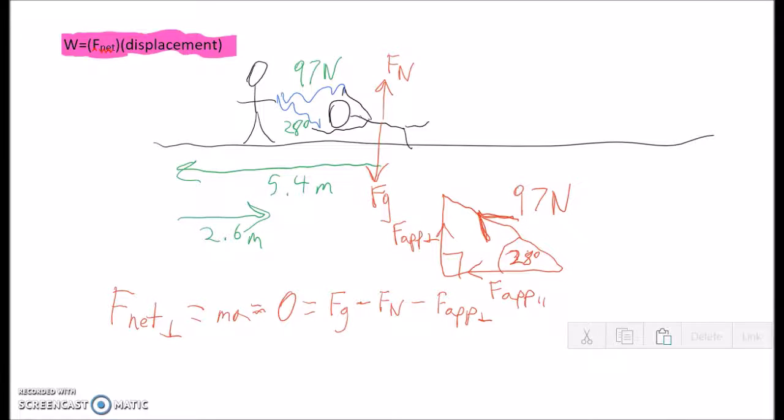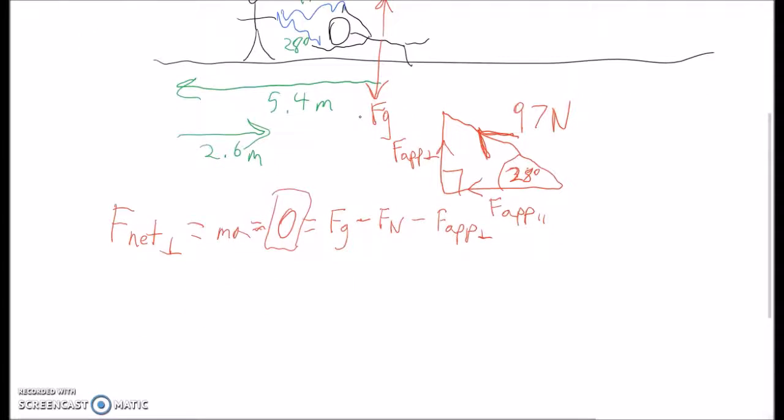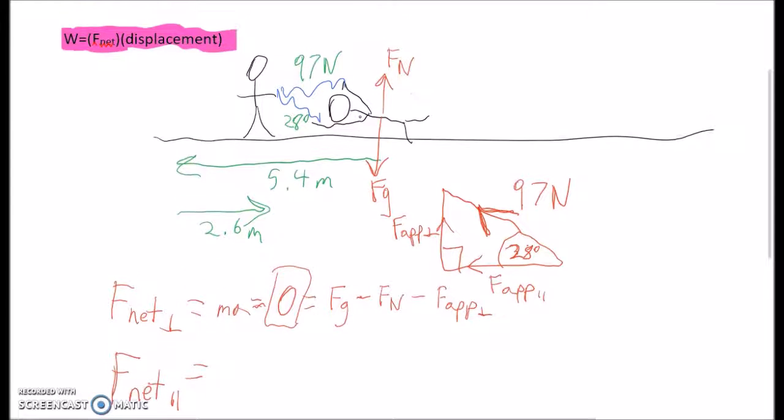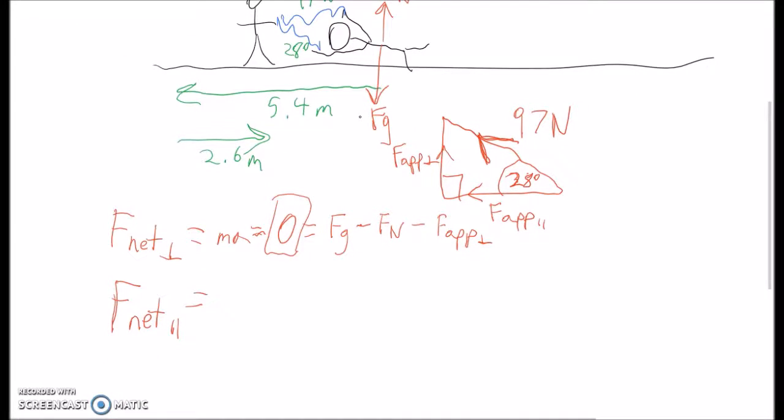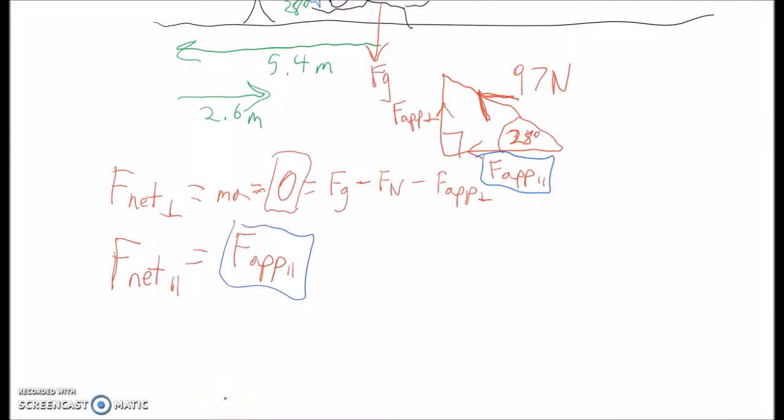But we don't need to look at it anymore, because if this is 0, then we're looking for F net, so that is not going to affect our F net. So let's look at the next equation here, F net parallel. So F net parallel is going to be, the only thing in this whole situation that's going parallel is actually just the F applied parallel. Okay, that's this force here. That's the only thing that is going in the parallel direction.